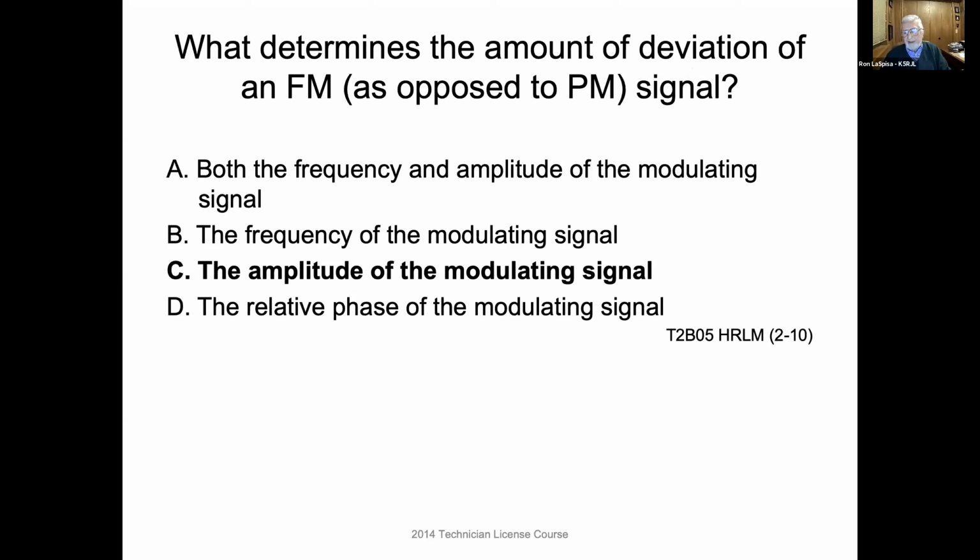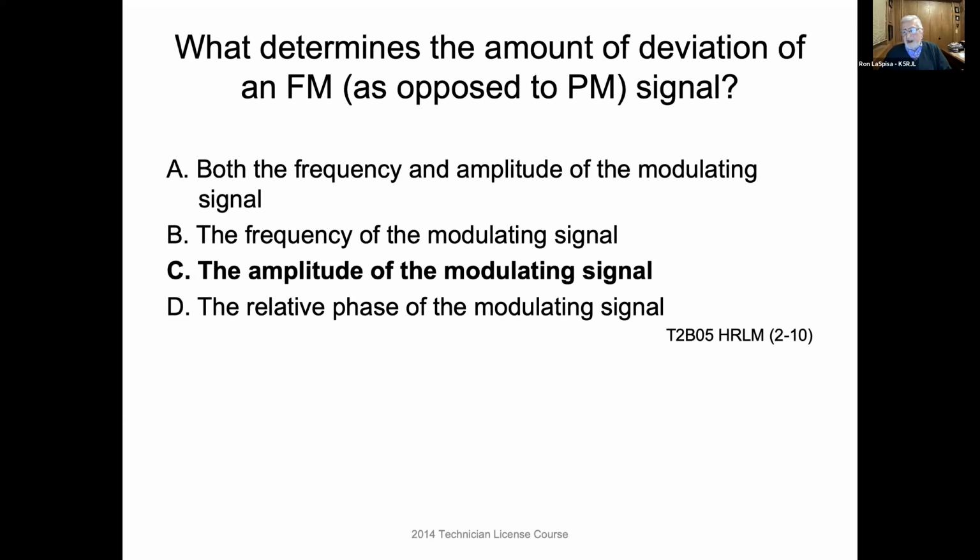Now that you'll have to think about a little bit. What does it mean by deviation in the question? I don't know what that refers to then. Okay, I guess we should have defined the word deviation. That's the frequency changes within the signal. The frequency changes. Well, if it has to change based on the carrier, the modulating frequency and amplitude.